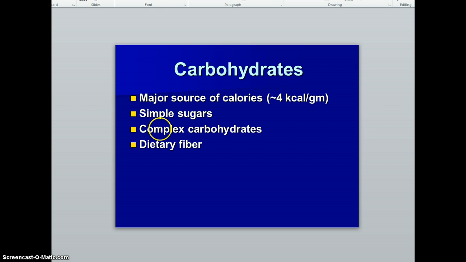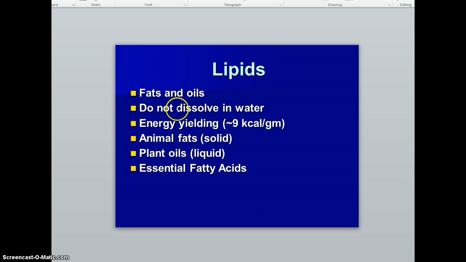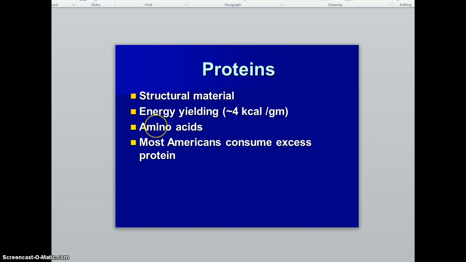Carbohydrates primarily provide calories. They're our major source of energy for our brain, and they're made up of both sugars and complex carbohydrates. Fats actually come from both plant and animal sources, and they typically have higher calories, but they are also required for the body.